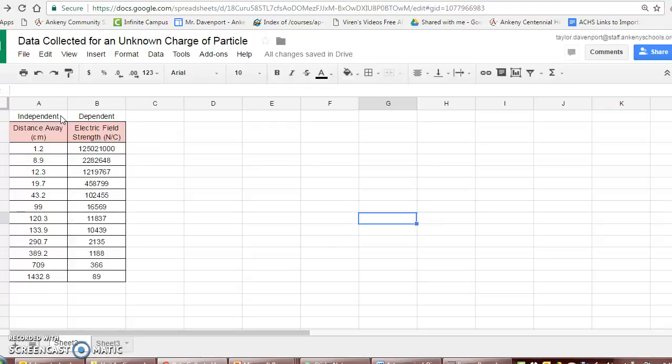that, I need to recognize that my distance measurement is not in standard units, so I will actually create a new calculated column for distance away in meters rather than centimeters.